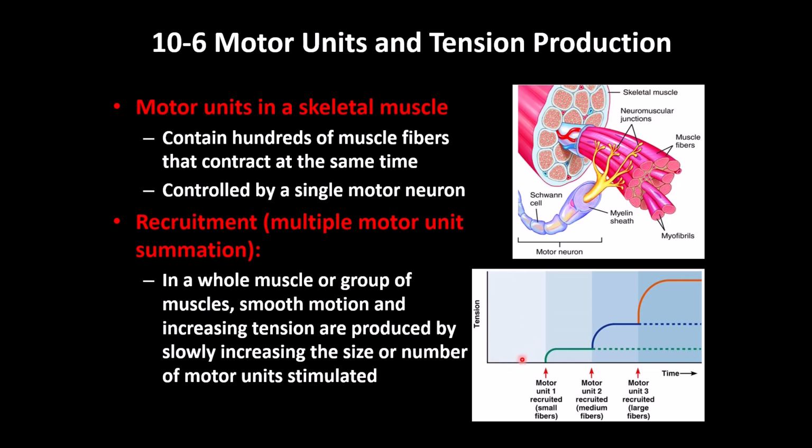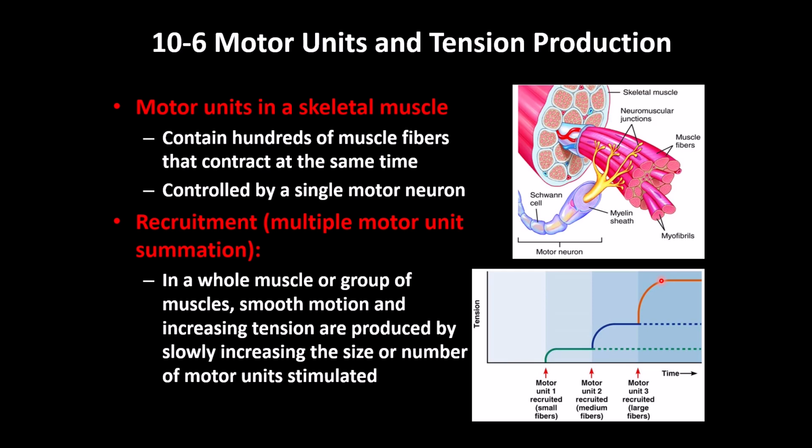And as you can see, the time, it gradually increases. All of them will not happen at the same time. It gradually increases. And that gradual increase is important for the smoothness of the motor activity, and also to preserve extra energy. For every movement, you do not need to activate all muscle fibers.